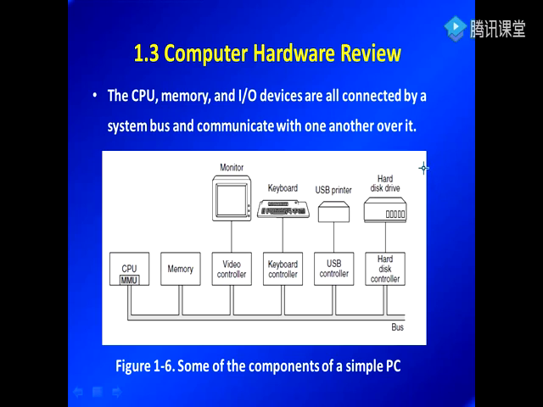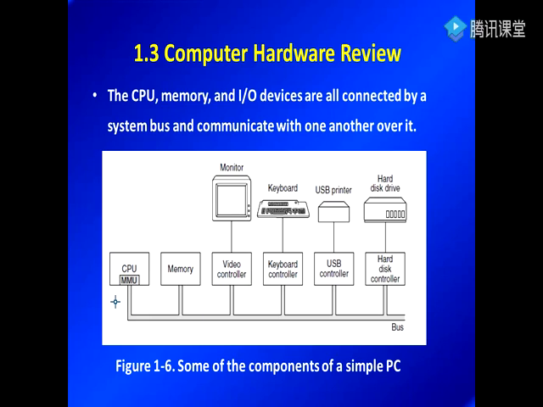So now let's take a close look at this figure, because we need to understand the objects to be managed in the operating system.